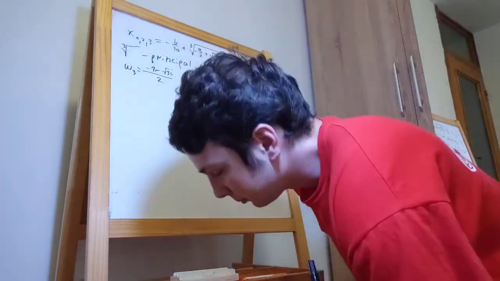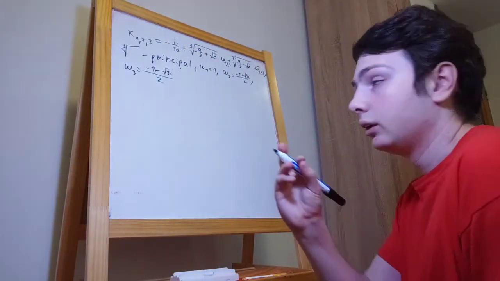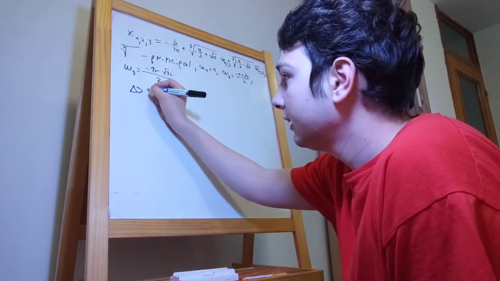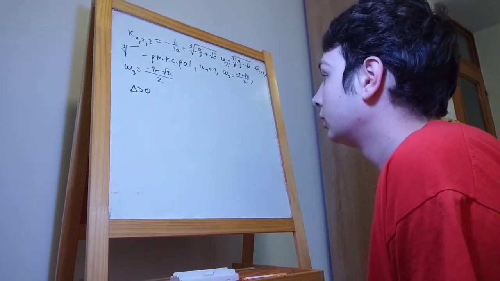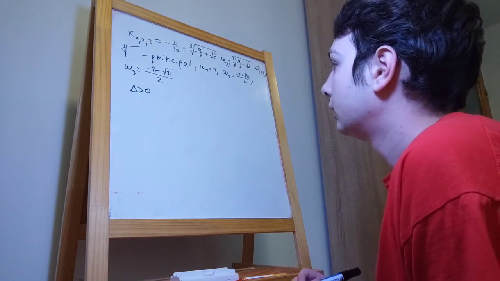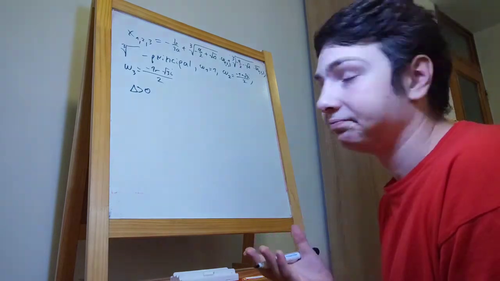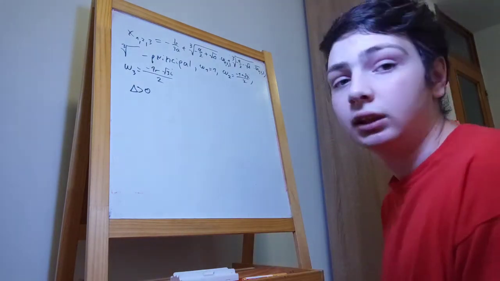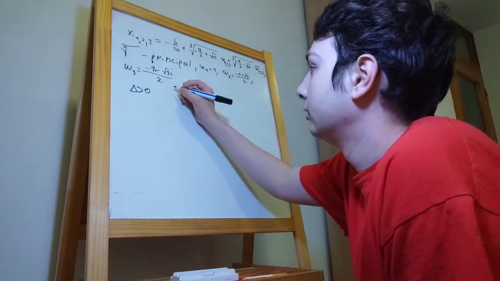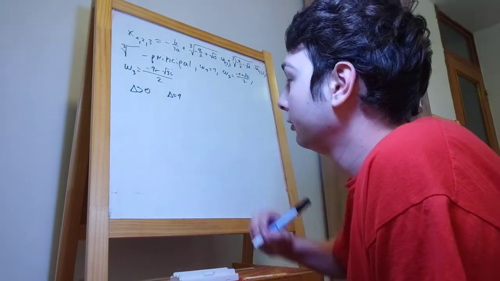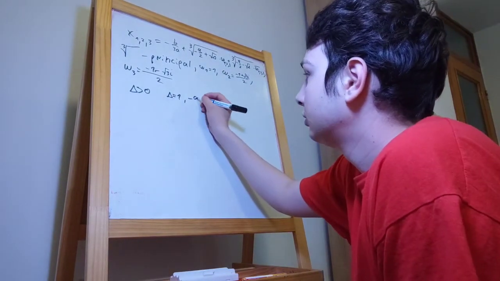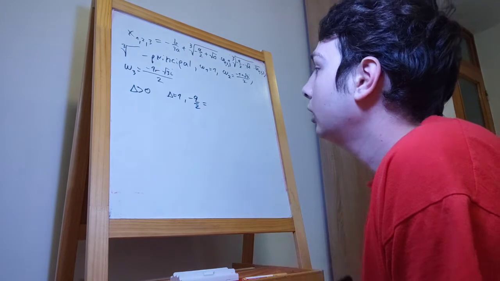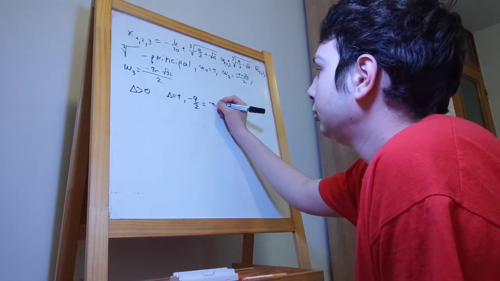Let's give you an example. So, if delta is greater than 0, let's just give some values for delta, like delta is equal to 1 and minus q over 2 is equal to, let's say, 2.